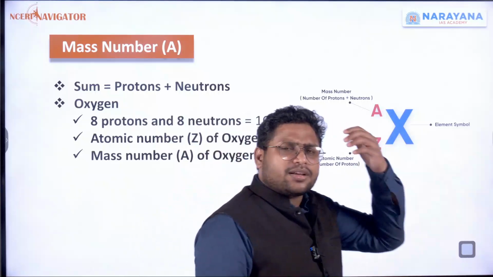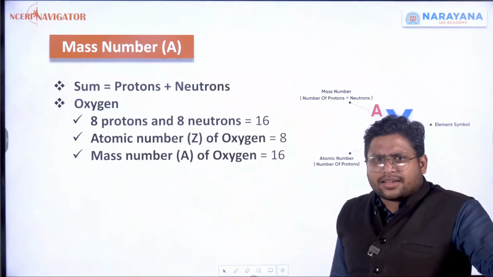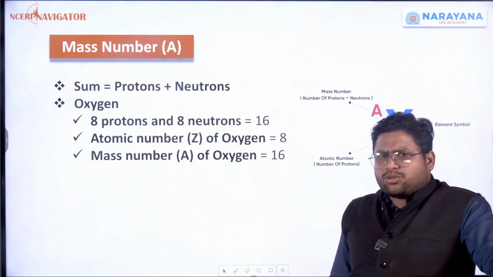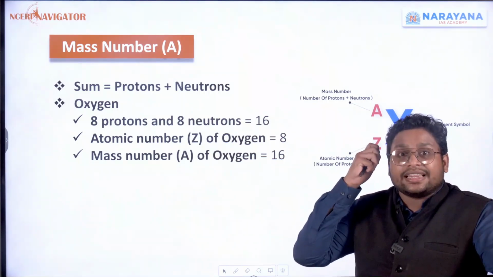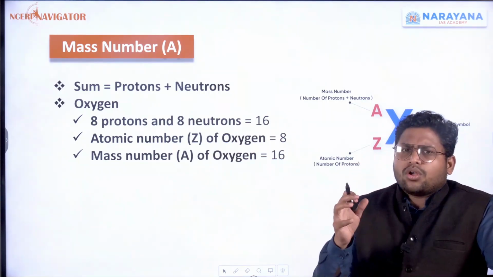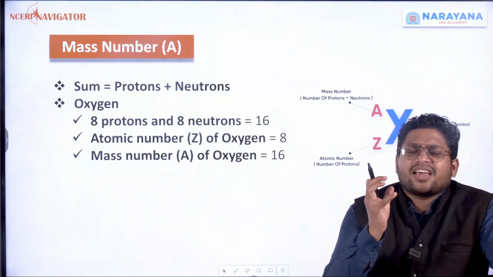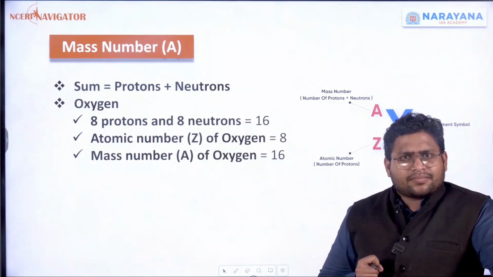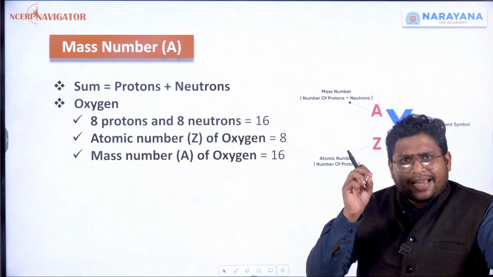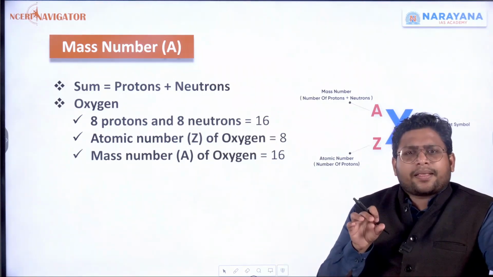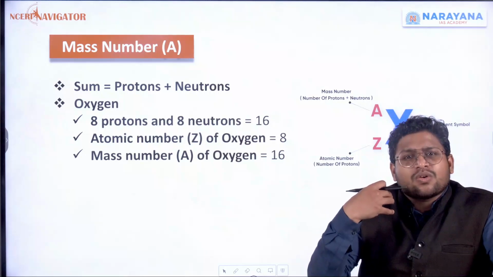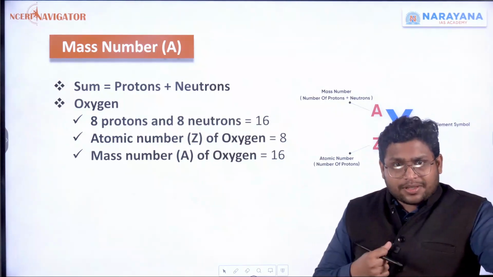So if I have to take carbon or nitrogen or anything, I know the atomic number. I know the atomic number of carbon, that it is 6. There are only 6 protons present in carbon. But I want to know how much mass is there in carbon. If I take any atom of carbon, how much mass is there? Or what we call it, what is the mass number of carbon?